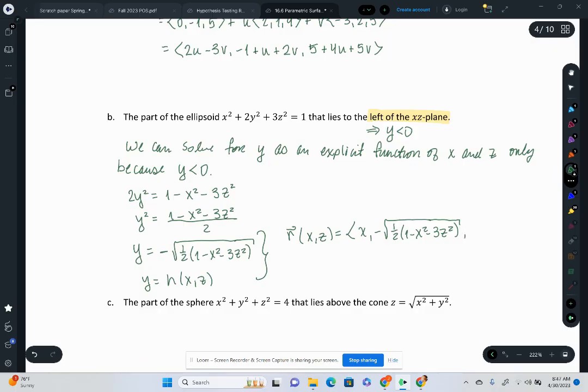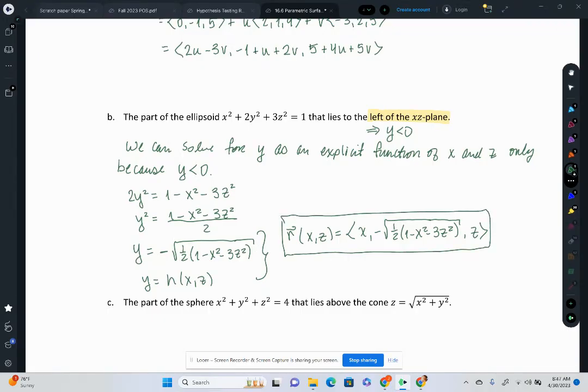And then z is one of the parameters, so it gets to be itself. And that's it. That is our parametrization of the part of the ellipsoid that lies to the left of the xz plane. Now, if they had said that it lies to the right of the xz plane, the only difference would have been taking the positive square root.